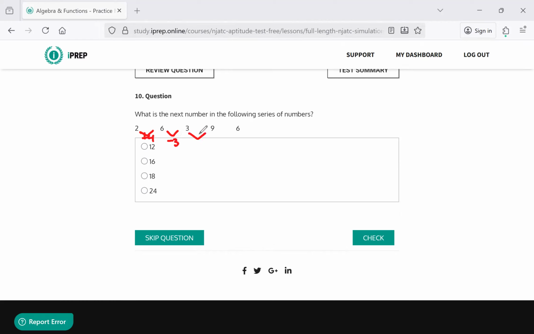And then from 3 to 9, you had to add 6. And then from 9 to 6, you had to subtract 3. So, do you see a pattern? I don't really see one. It goes from plus 4 to minus 3, plus 6, minus 3.